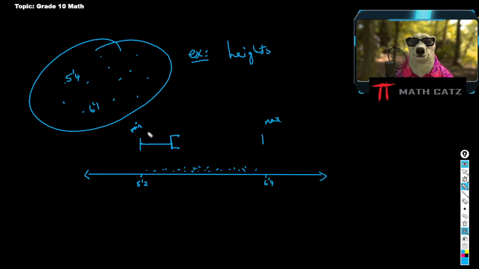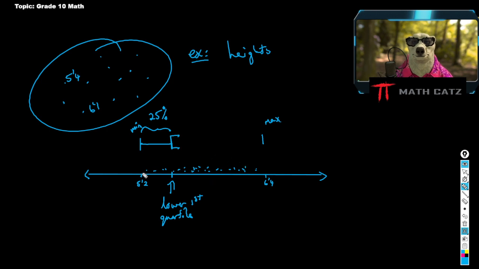So this will cover the lowest 25%. And where that box starts from my minimum, we can call it the lower quartile, or the first quartile.